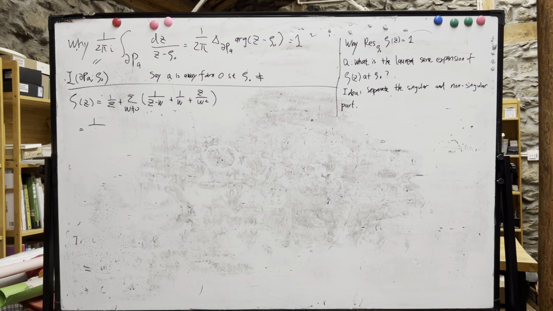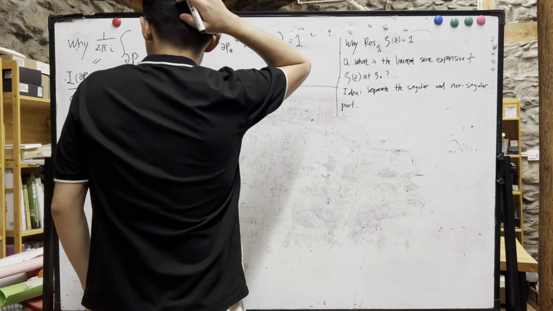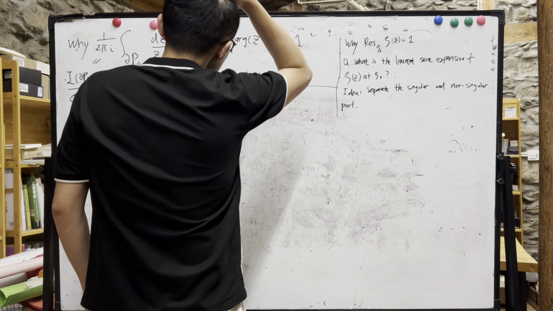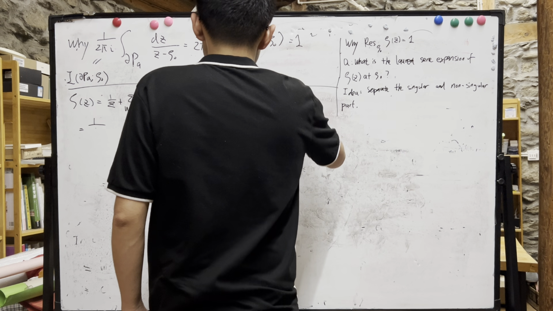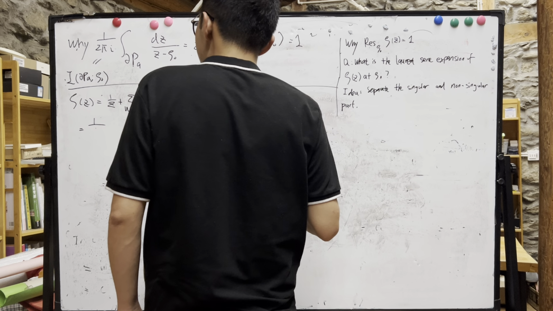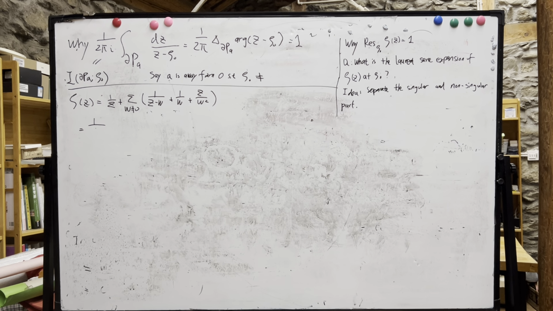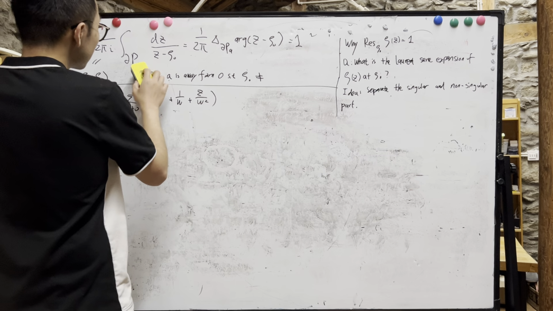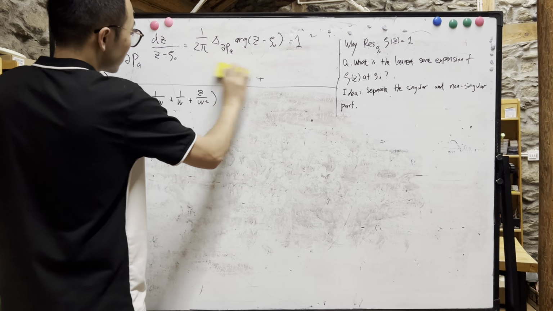Okay, this zeta naught is the lattice point inside this parallelogram, exactly the lattice point, but not equal to 0.